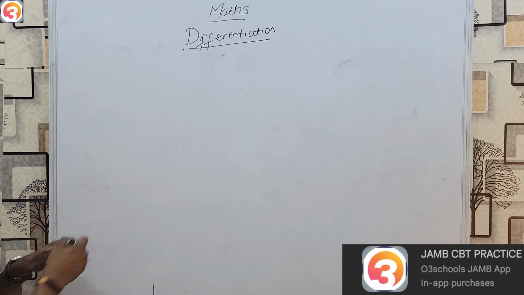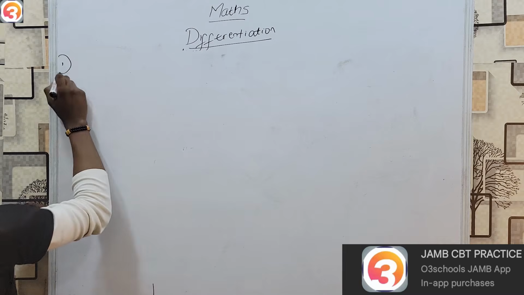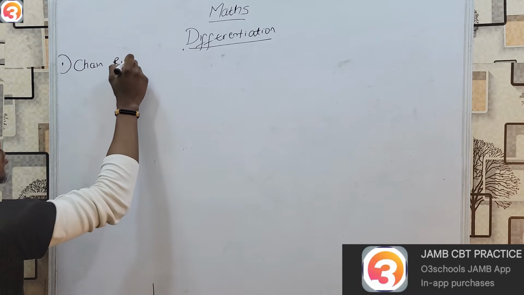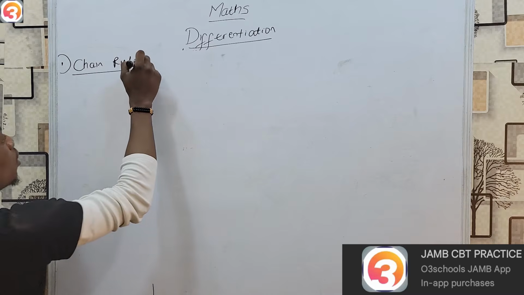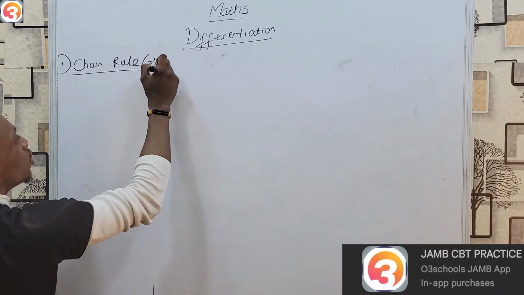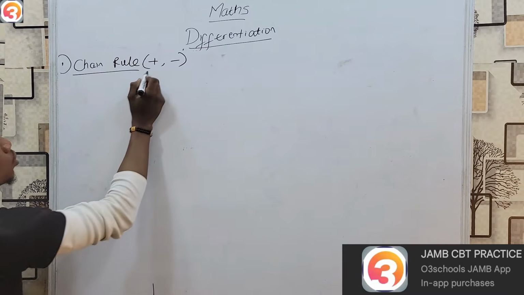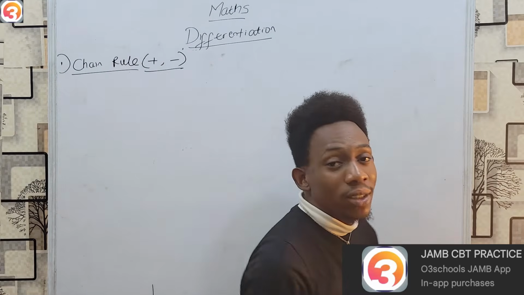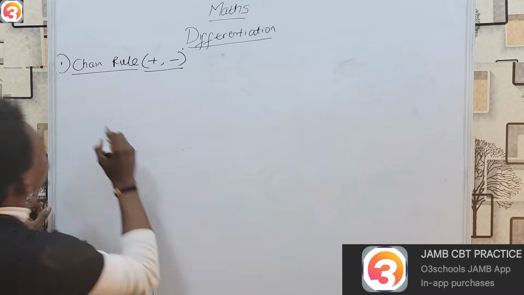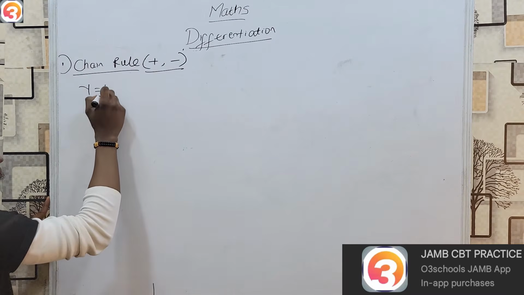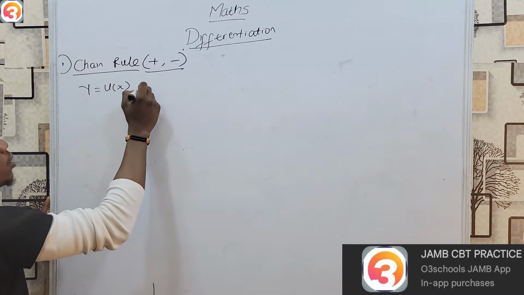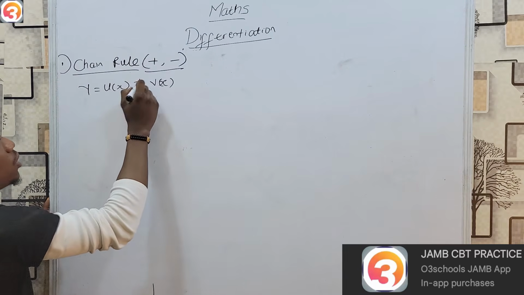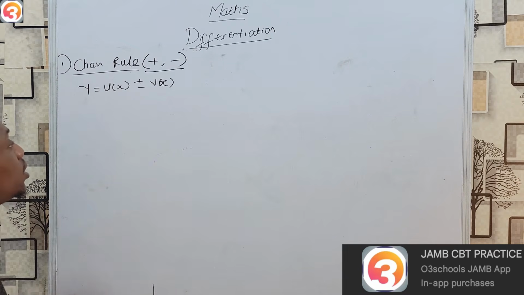So, there are several rules we obey, and the first one is known as the chain rule. And this rule governs plus and minus. So if I have several variables all adding or subtracting to each other, say y equals u of x plus v of x. This could even be plus or minus, it doesn't matter. The rule stays the same.